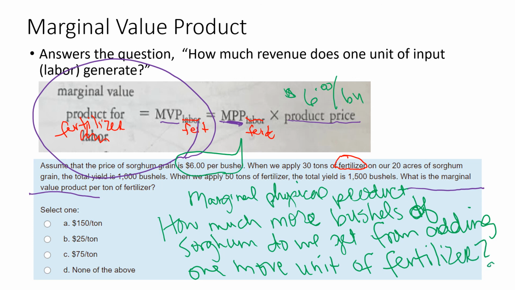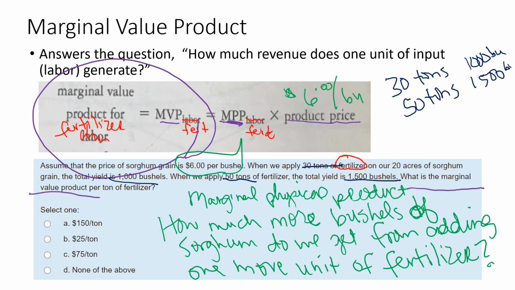Okay, well, it tells us if we apply 30 tons of fertilizer, we get 1,000 bushels. If we apply 50 tons, we get 1,500 bushels.